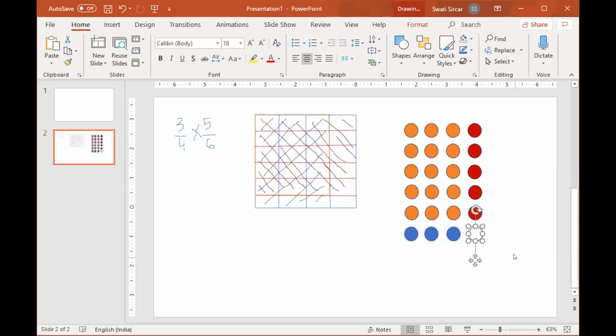So this one looks similar to this. The cells have been replaced by circles.